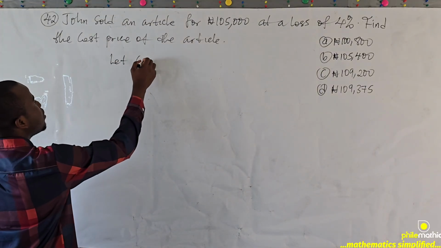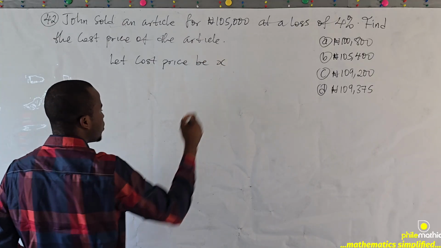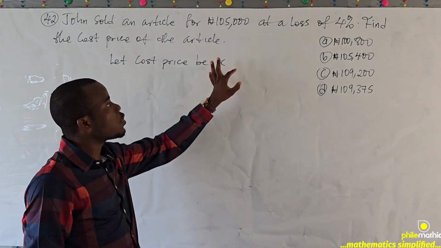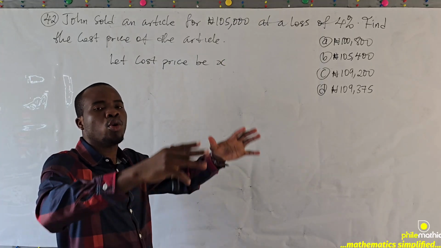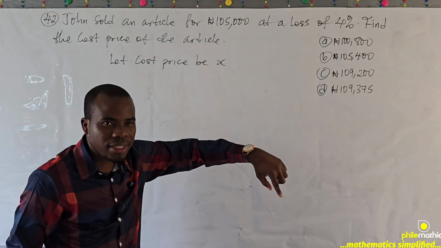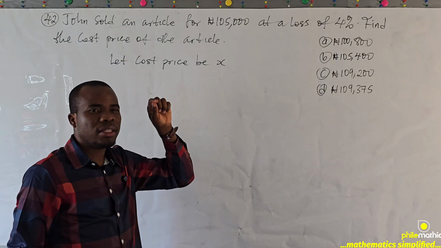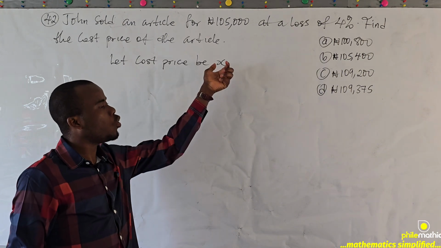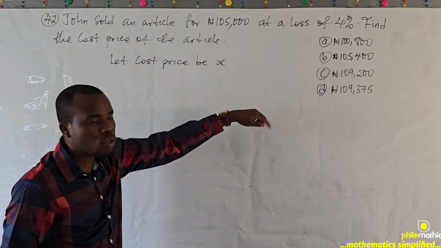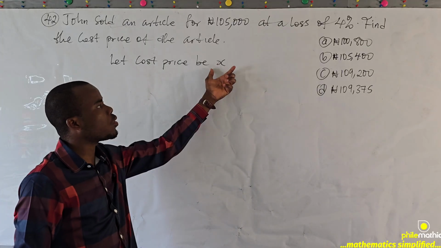okay, let cost price be X. Usually, the cost price is assumed 100%. If you want to find the selling price and you are told that you made 10% of your cost price, the selling price is simply add the 10 to the 100% and find 110% of the cost price.